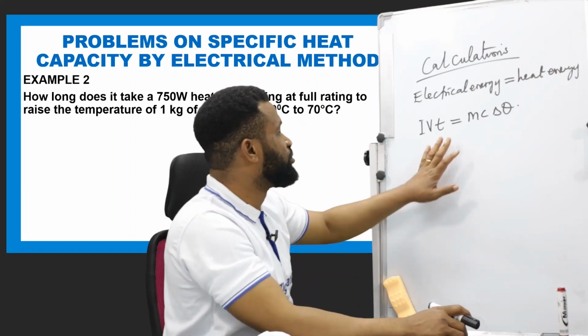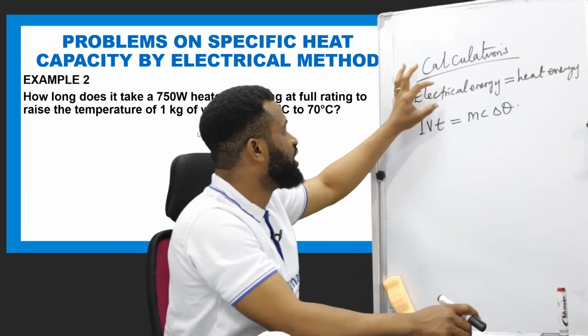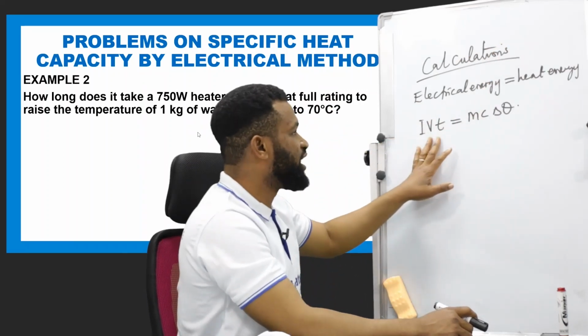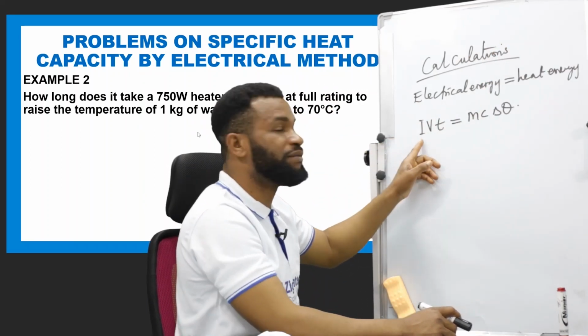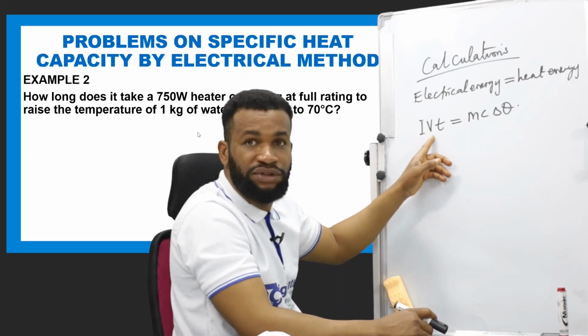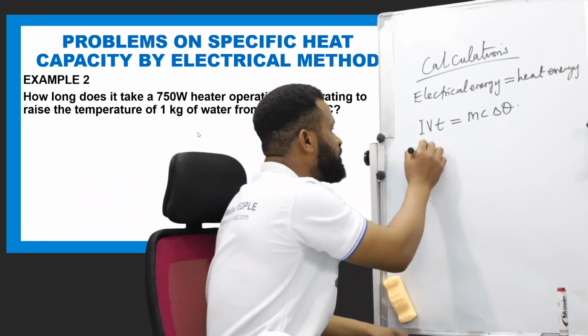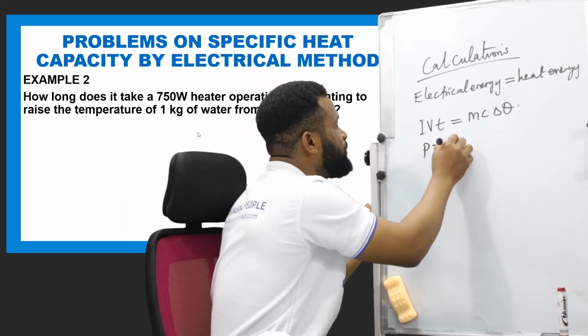The same thing we are going to do is that we are going to say that electrical energy is equal to heat energy. Now, electrical energy, in this case, we are not given current and we are not given voltage. We are asked to find time. But remember this, that power is equal to IV.